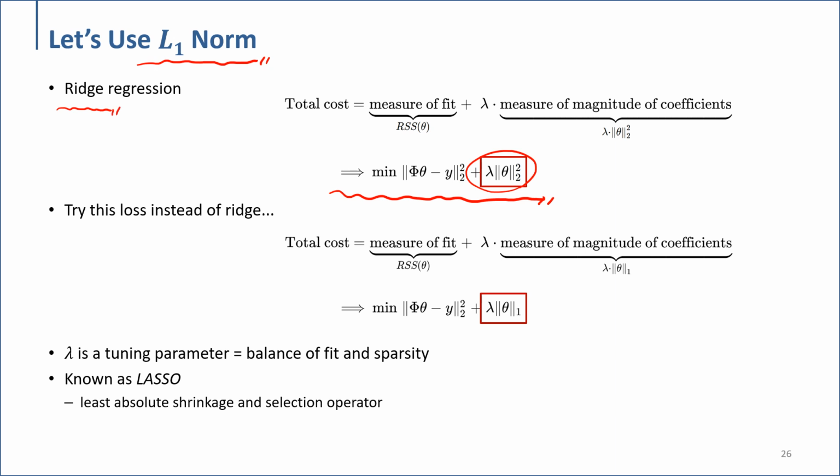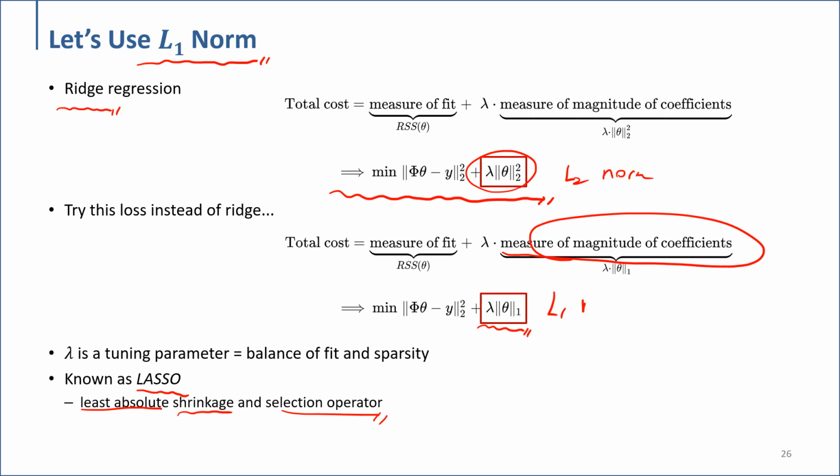Instead of the L2 norm, we can also use the L1 norm. If you use the L1 norm to measure the magnitude of the coefficients, the problem becomes lasso, which stands for least absolute shrinkage and selection operator. The only difference is using the L2 norm or the L1 norm for measuring the magnitude of the coefficients.